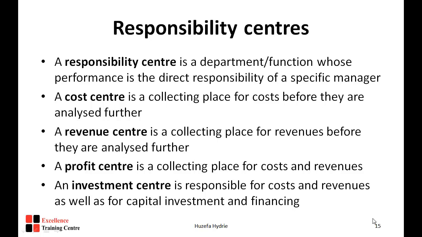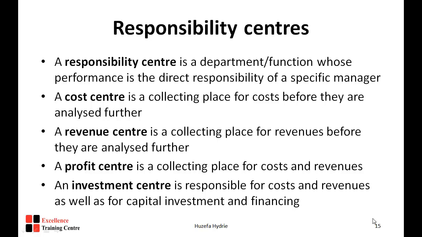So that is called responsibility accounting. Okay, this process of being held responsible for your area's revenues and costs is known as responsibility accounting, and that area itself is known as the responsibility center.